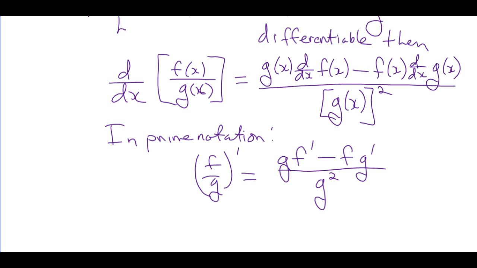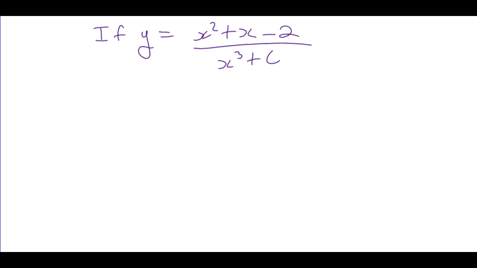So let's try one. Okay, so if y is equal to x squared plus x minus 2 over x cubed plus 6, then y prime is equal to, so we take the function in the denominator and put it in brackets.